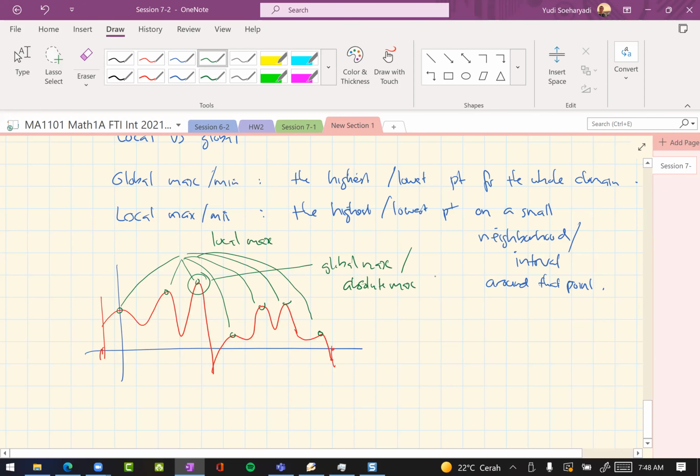While here, those are the local min. And it seems that this one is also the absolute min.